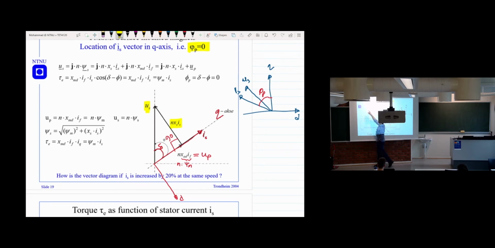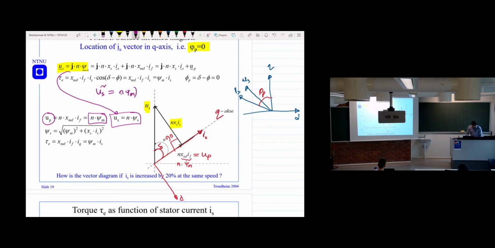So from this equation, you can write this US, which is n psi S. These two we got from the definition. Like from here, we got this part. And then we define UP equals n psi P.